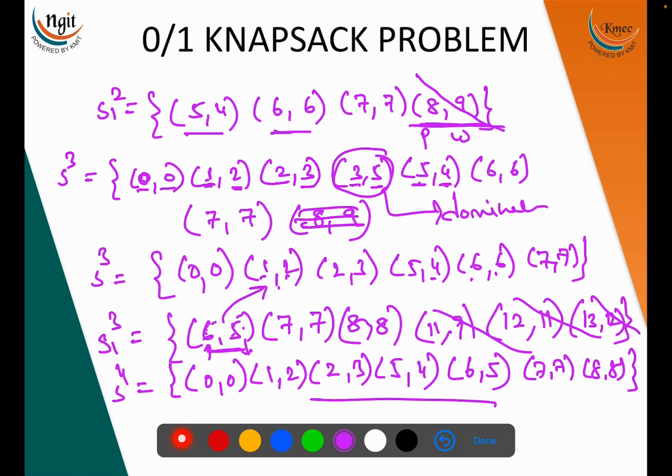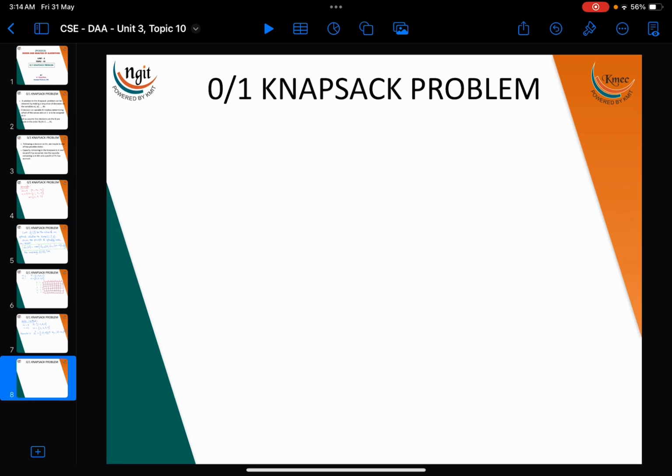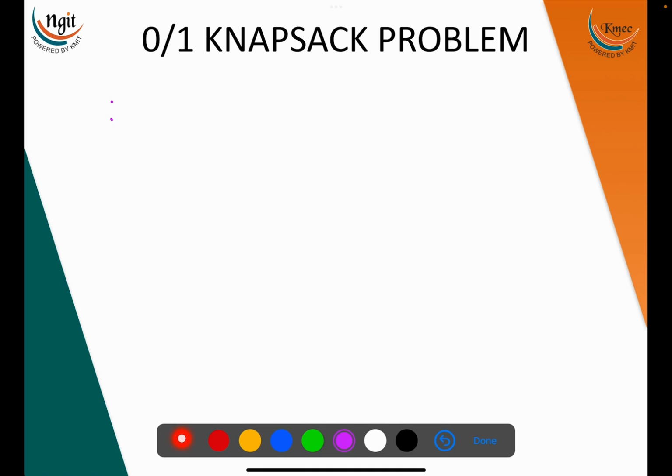Once you get the last set, now you should know what items are going to be placed in the container. That is the maximum profit you gain from the last set. That means (8,8) belongs to S4, but the (8,8) pair you cannot see in S3.